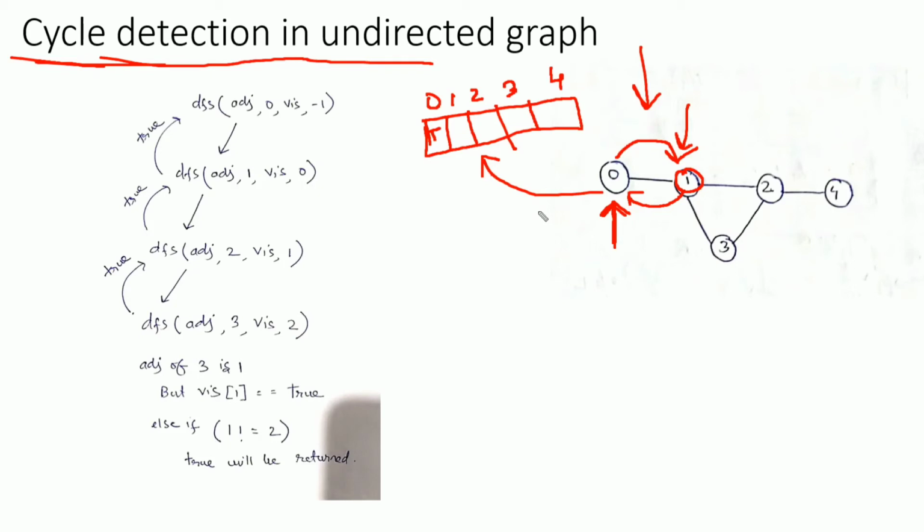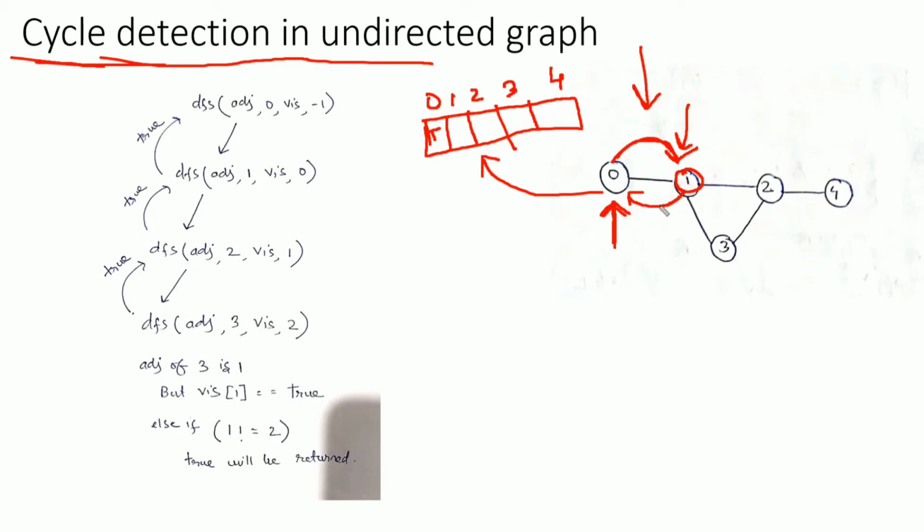The main logic is this: as the graph is undirected and 0 is already visited, if you think that because 0 is already visited we are returning back to the same vertex, so there is a cycle, that is totally wrong. Suppose you move from vertex 0 to vertex 1, and 0 is already visited.